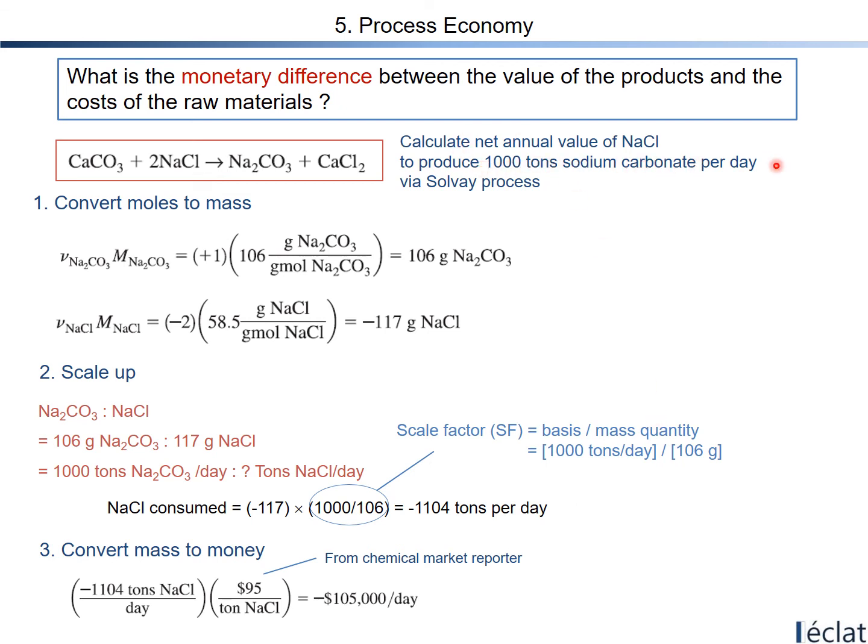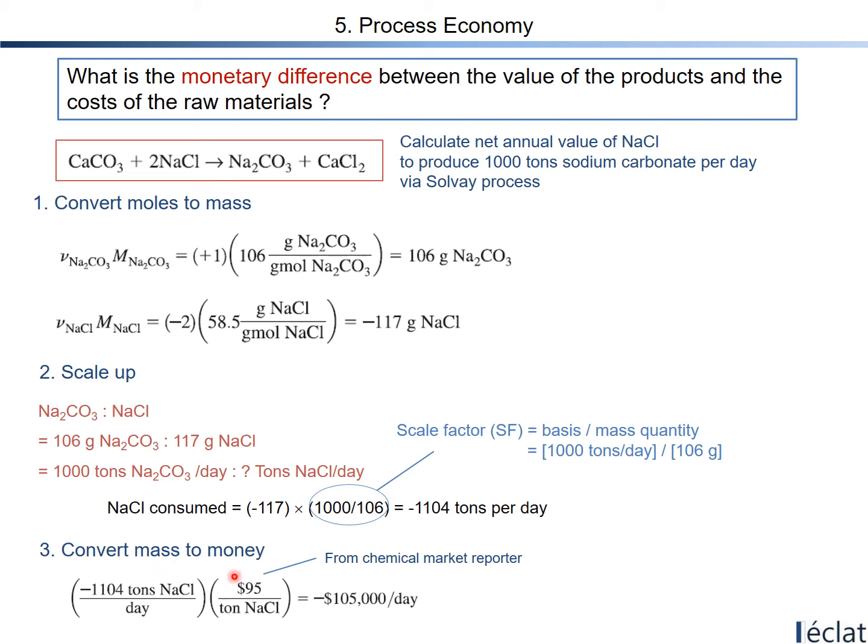per day. So here is the value, and as the third step, it's time to convert the amount into dollars, the money. So the cost of sodium chloride is like that, $95 per ton sodium chloride. This information could be easily obtained from the Chemical Market Reporter.